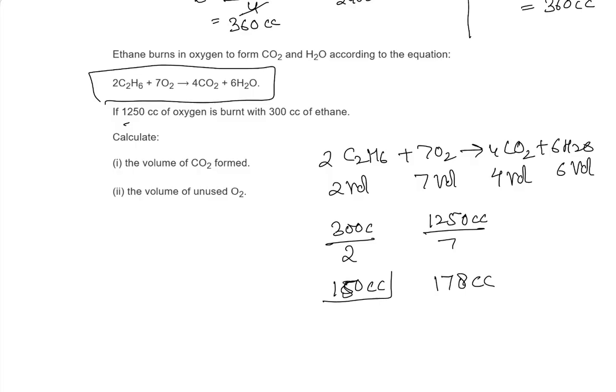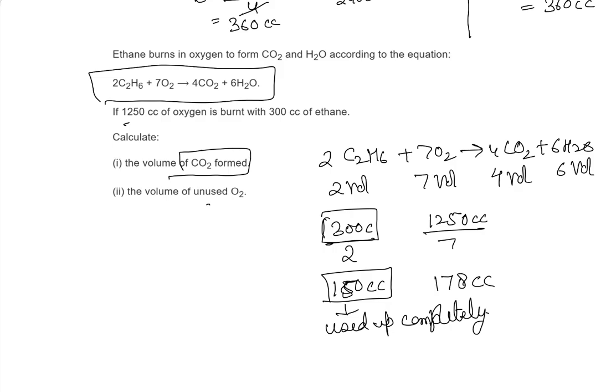Now the least volume is for ethane. So ethane is the reagent which is going to be used up completely. So now I know this is my reagent which is used up completely. So I am going to take this 300 cc value to find the volume of carbon dioxide formed and the volume of the unused oxygen.